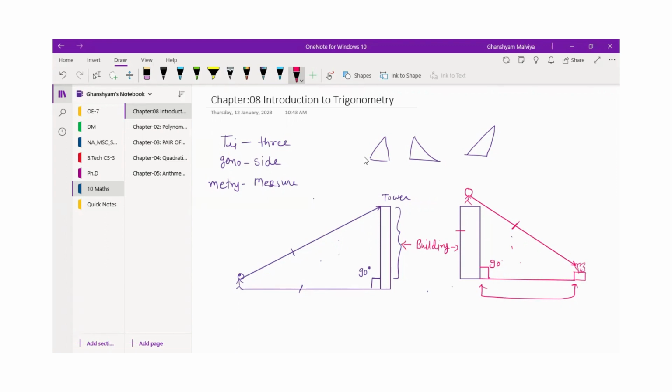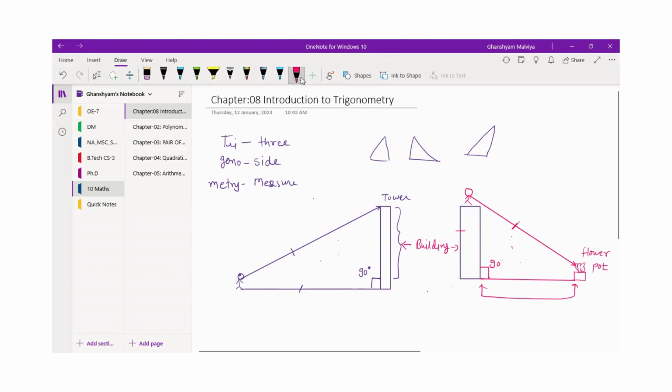Here we can find the height of the tower, and here the distance between building and flower pot. These are the applications.